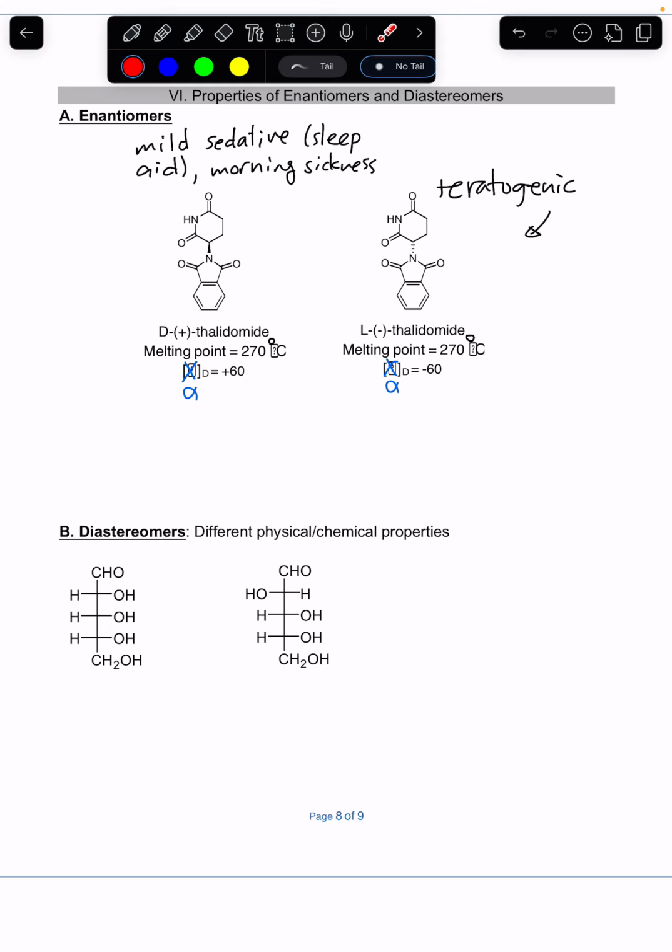However, what happened was that obviously the biological effect was different. So why is that? That's because the proteins and DNAs, but especially in this case the proteins that these drugs interact with in our body, are chiral.